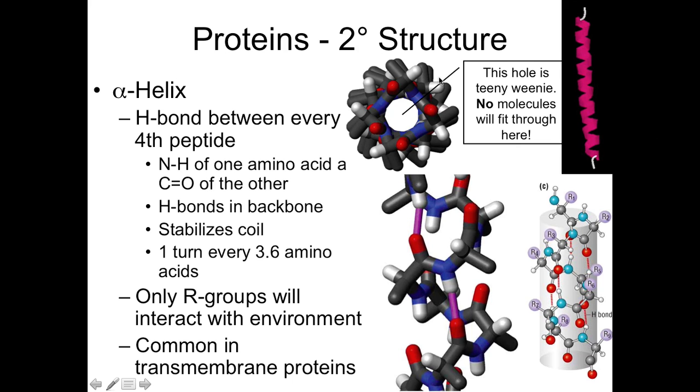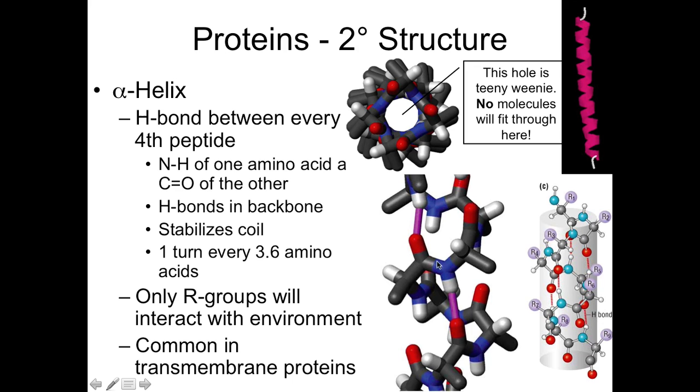Remember, the backbone, the amino groups and the carboxylic acids, those are charged or at least polar groups, depending on the pH. And the protein might not want to be reacting with the environment of the cell. By putting them in this configuration, you're neutralizing those polar groups by allowing them to hydrogen bond with themselves.